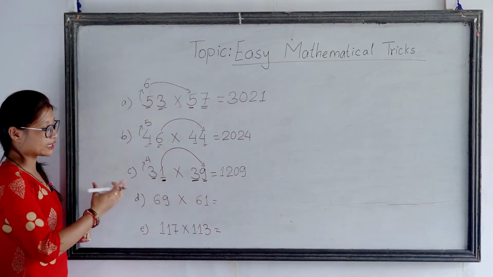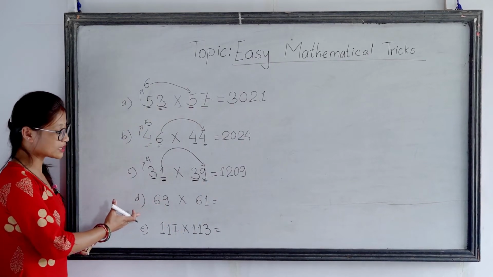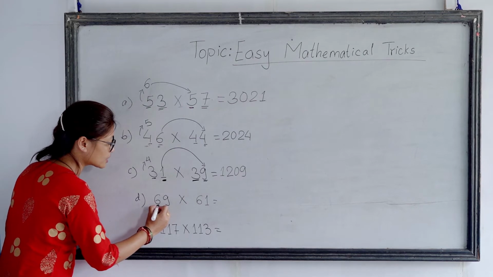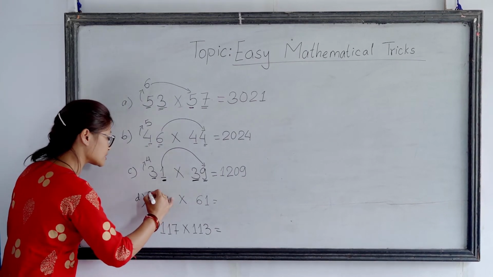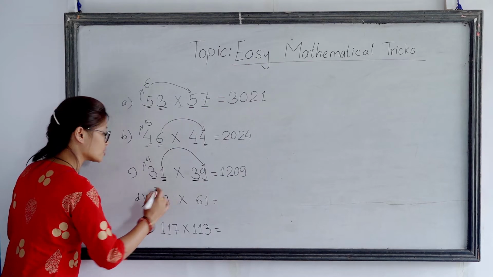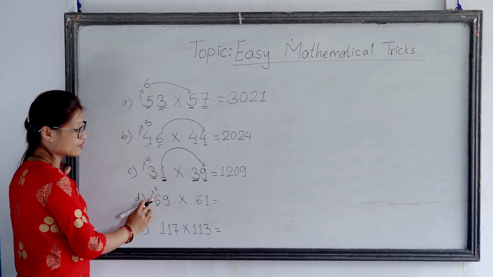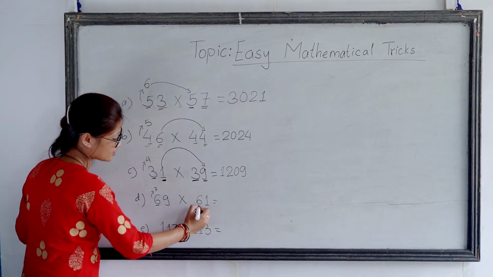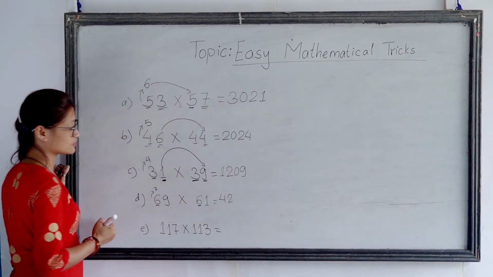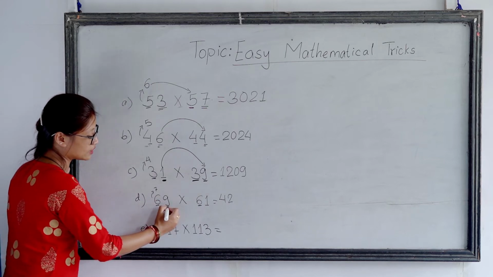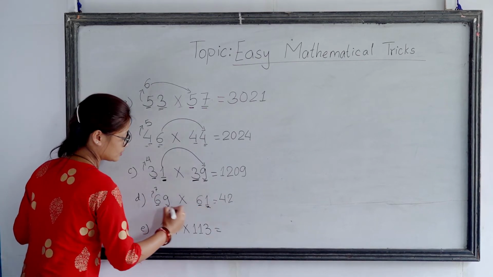Okay, now again the same process. So which number comes after 6? After number 6 comes 7. So let's multiply 7 and 6. 7 6s are 42. And here let's multiply this 1 with 9.